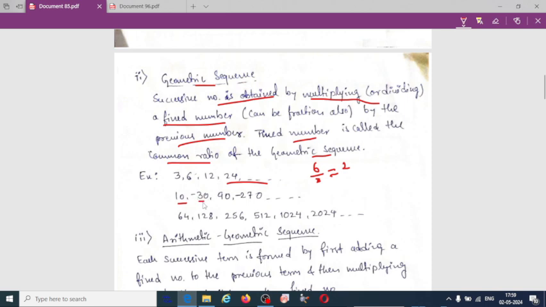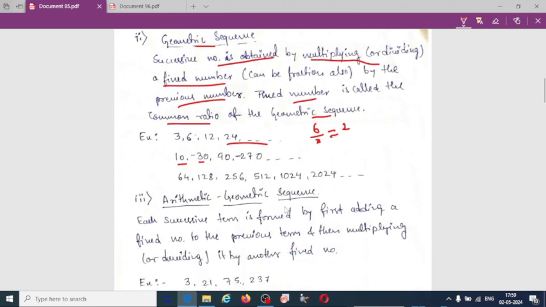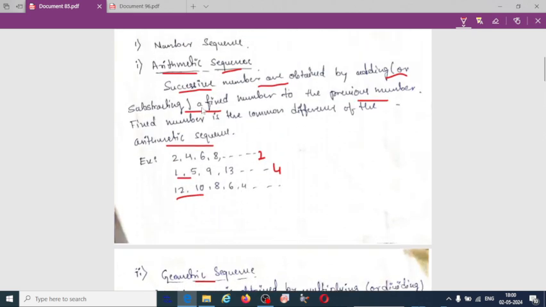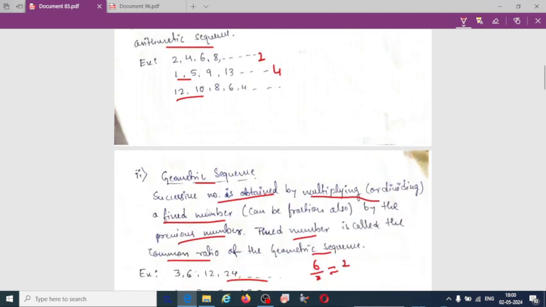If we take the ratio of two numbers, we have the fixed number, and that is what we call a geometric sequence. So here we have to take division or multiplication, whereas in an arithmetic sequence we add or subtract the numbers.